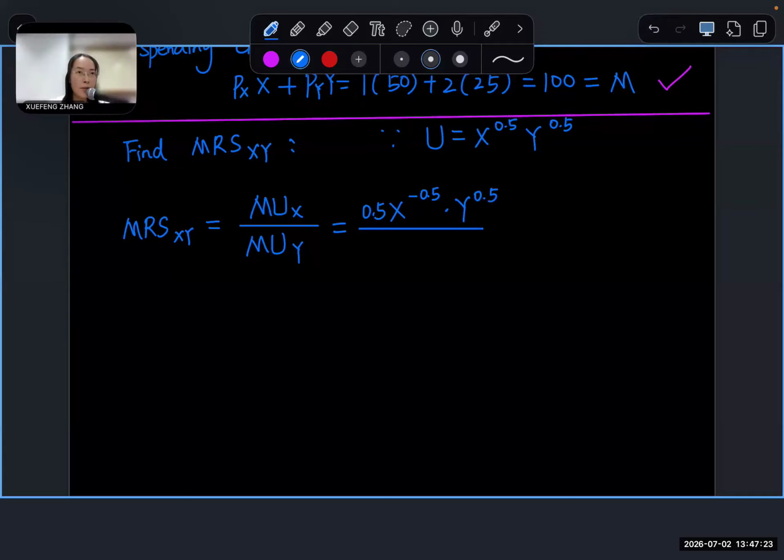This is MUX. Let's see MUY. For MUY, you treat X to the power half as a constant, and then take the derivative, which is half times Y to the power negative half.